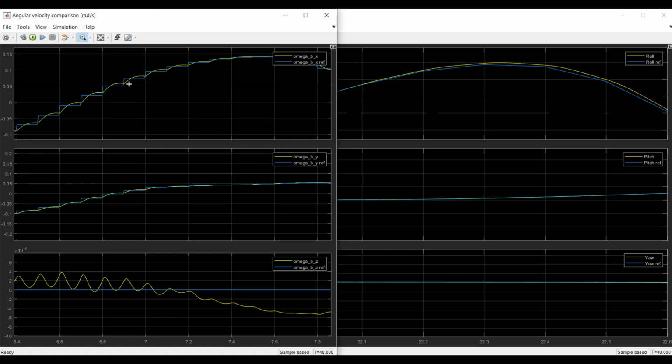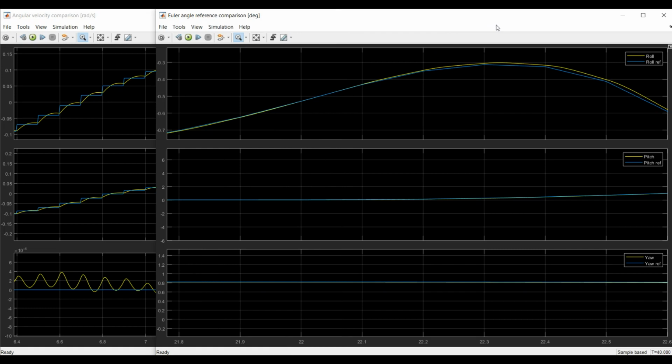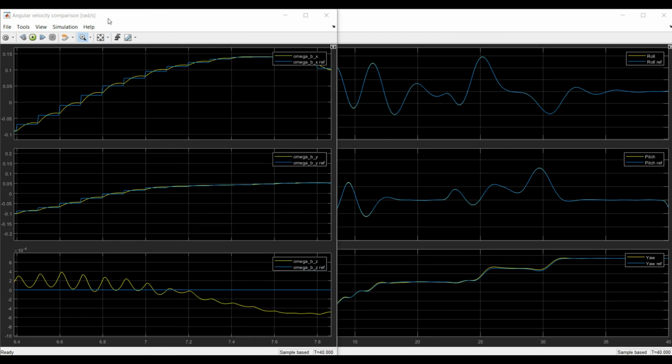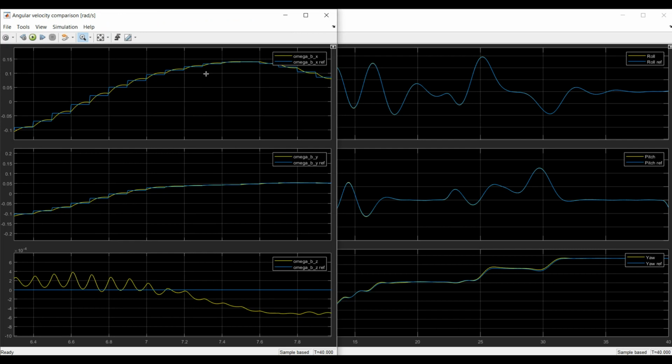But overall, you don't really see these steps, since the first integration to the angle happens, creating a smooth angle reference, and also since it's running at 20 Hertz, it's smoothed out fairly well.